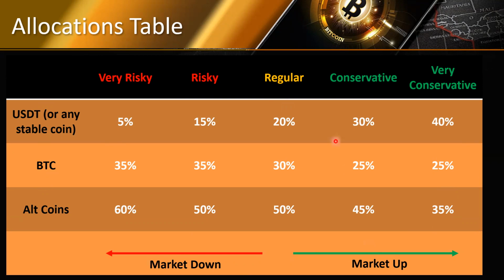We should be conservative, meaning that we should sell our altcoins which move fast, because now we are in a high place. So we should sell and take profit, and we should cover ourselves through buying USDT, which is a stable coin. So this is the regular one, for example.